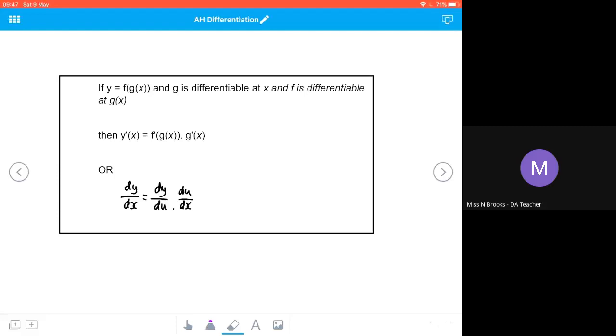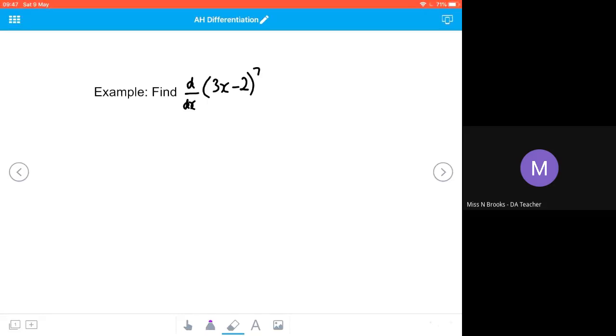So you can prove this using your differentiation from first principles. However, we're going to look at a couple of examples. So we want to find the derivative of the function 3x minus 2 to the power of 7. So the first thing we're going to do is let 3x minus 2 equal u.